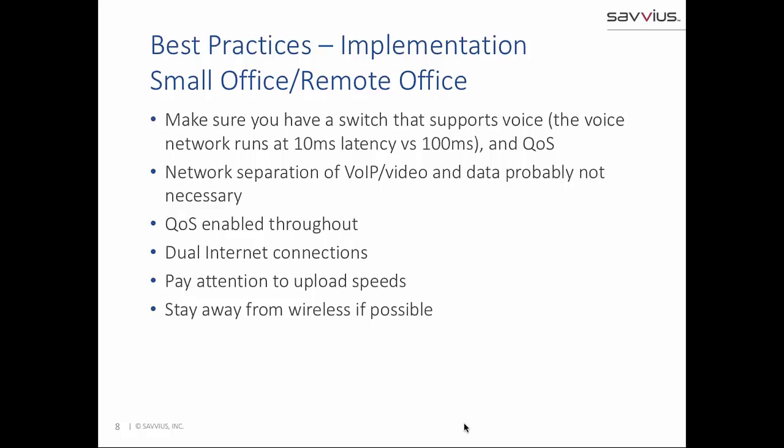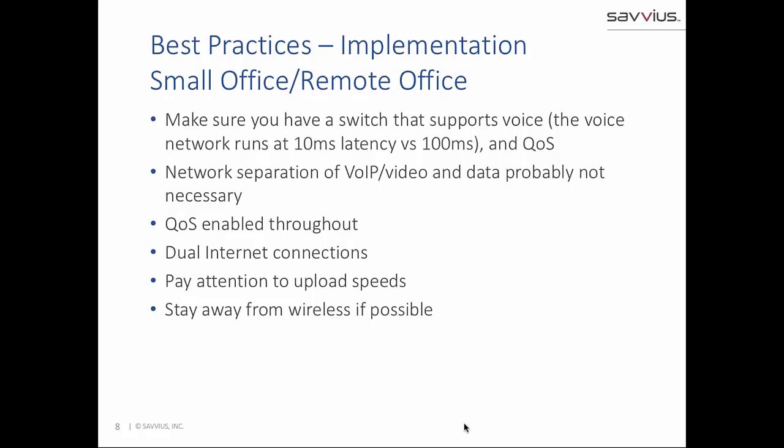You can either truly put them in parallel, or you can ask your unified communications to go out on one and your data, typical TCP/IP transmissions, on the other. You can segregate it that way through your switch, and then you're giving yourself that much more of an edge for your unified communications. The nice thing about that is if one of them goes down, you can at least have the other as a backup to run all of your data until the first one comes back up.